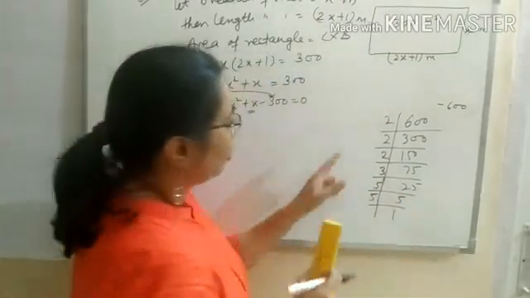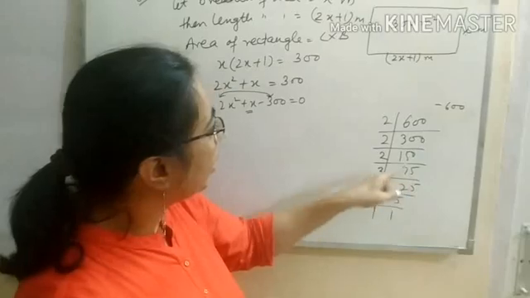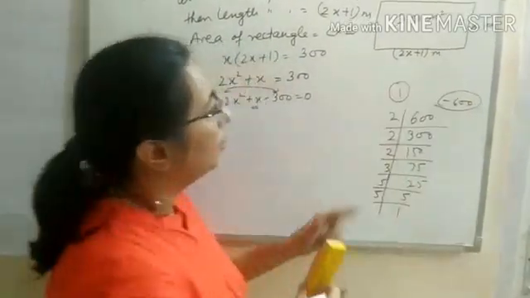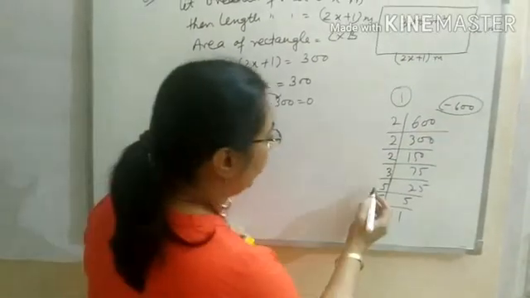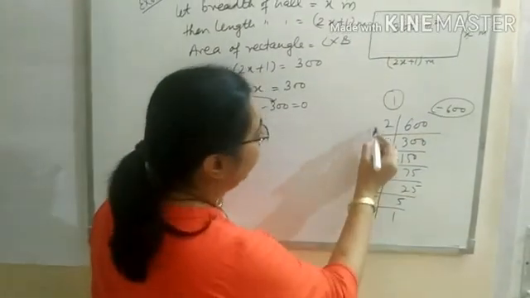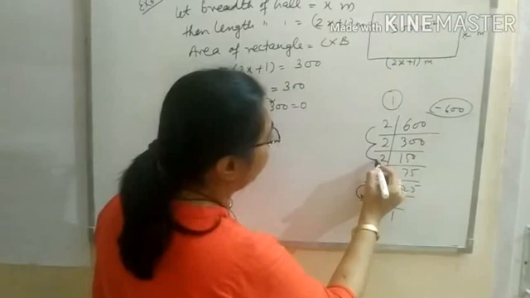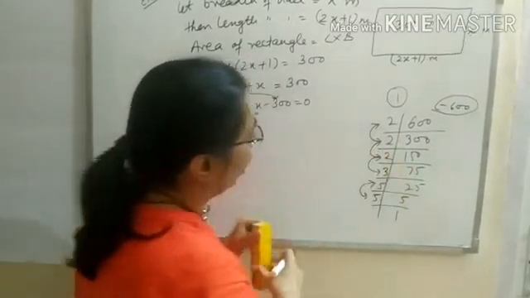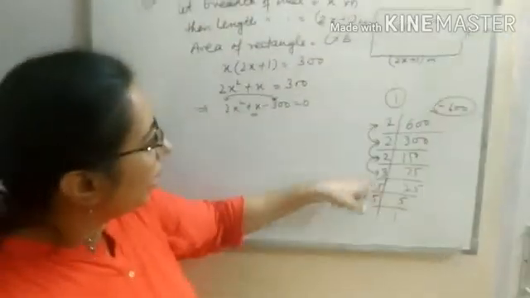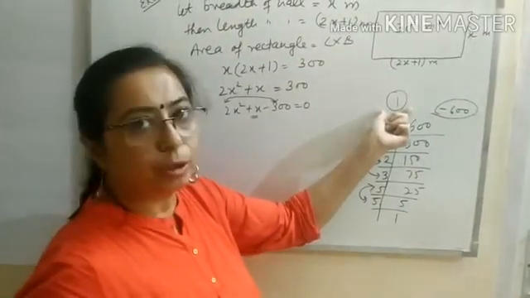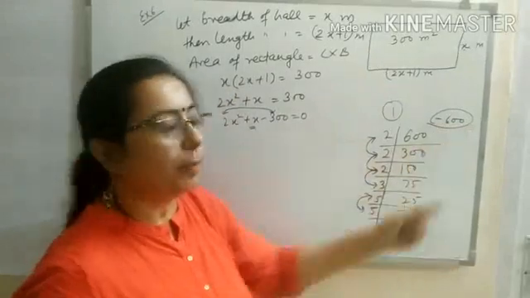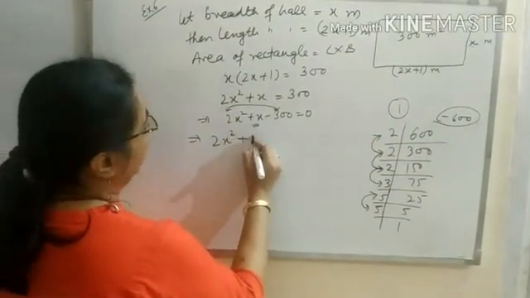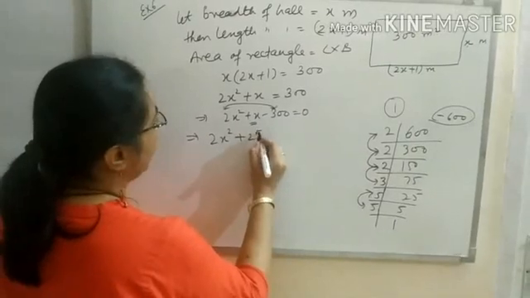Now you have to arrange these prime factors such that you get sum as 1 and product as minus 600. Now how will you arrange it? 5 into 5, 25, 2 threes are 6, 4, 3, 4 twos are 8, and 8 and 3, 24. You can see 24 and 25, if I arrange them, I will get sum as 1 and product will be 600. So I take it as 2x square plus 24x plus 25x.